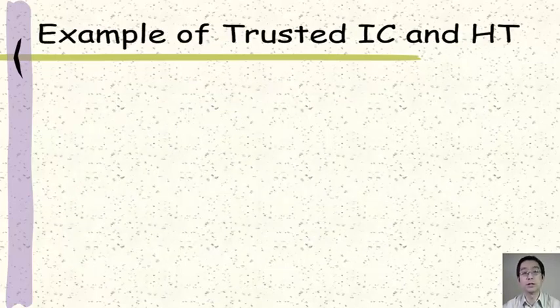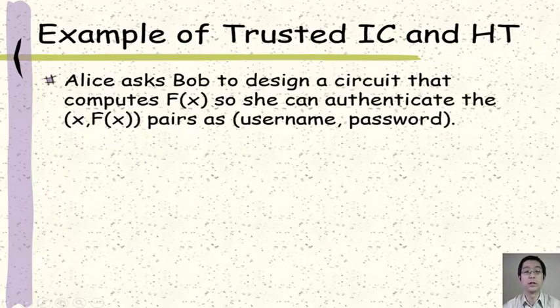Let's start with a small example to show what we mean by trusted ICs and hardware Trojan insertion. Consider Alice asked Bob to design a circuit that computes a function f of x. Alice can use this circuit to authenticate the username and password pair of x and f of x, where x is the username and f of x is the password.